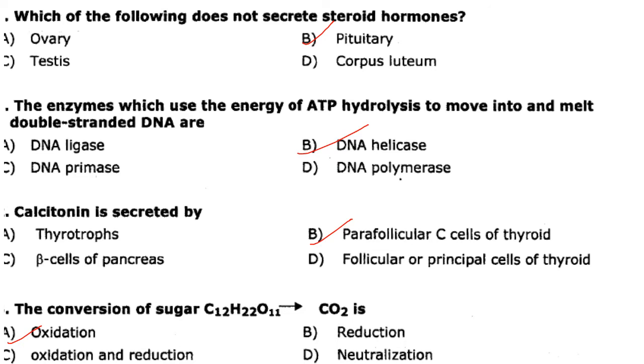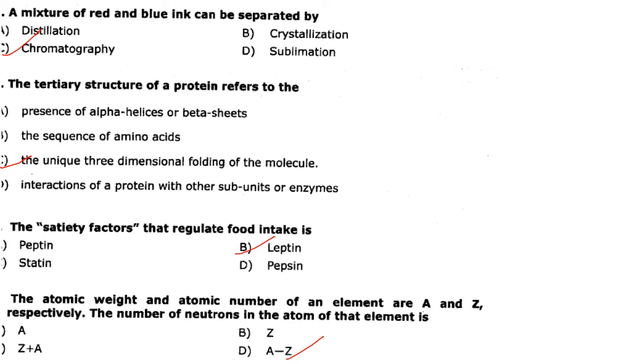Then next one. Conversion of sugar, that is C12H22O11 to carbon dioxide is the process called as oxidation. Answer is option A. A mixture of red and blue ink can be separated by chromatography.